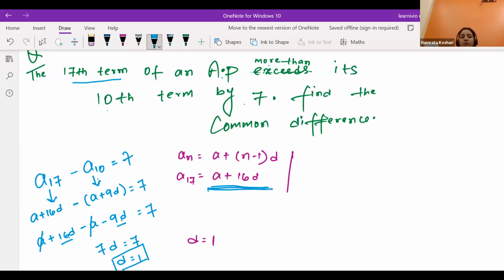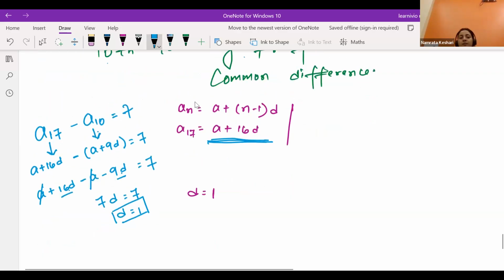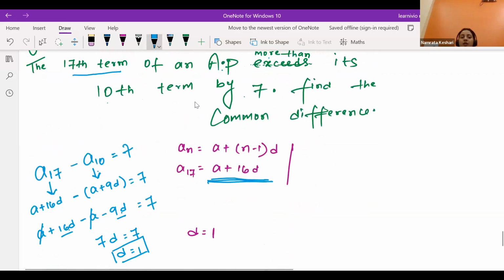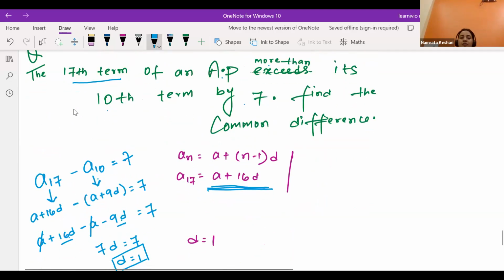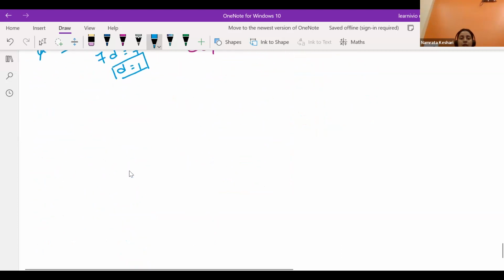Yes, it is correct. This is how we do it. Just read the instruction carefully, and accordingly we create the equation, and that's it. Okay, let's do a few more questions.